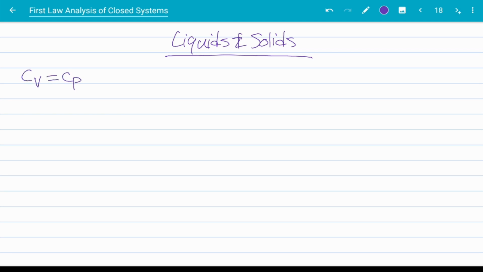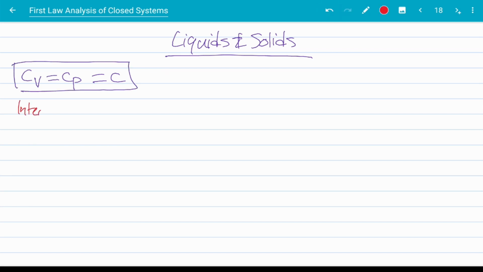Okay, we discussed ideal gases, but what happens when we are dealing with liquids and solids? Now for liquids and solids, because their specific volume or density does not change, the constant volume and constant pressure specific heats are identical, meaning that Cv is equal to Cp. We show it with C only.